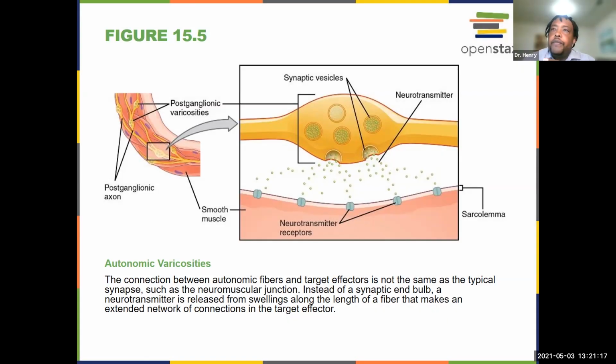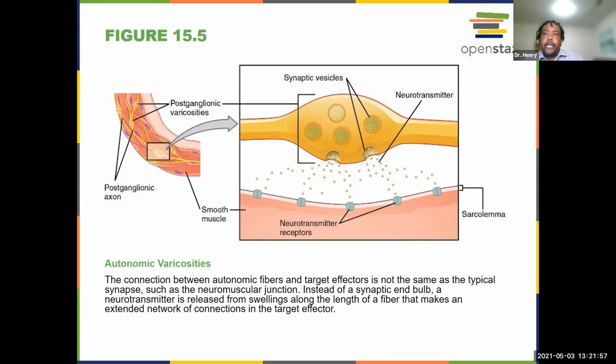Okay, so this here is just an example of the autonomic varicosities, and the distinction between this one and your normal synapses, or your somatic synapses, is that in the middle of your axon you actually have a swelling, and so it forms this bulb here rather than at the very end.